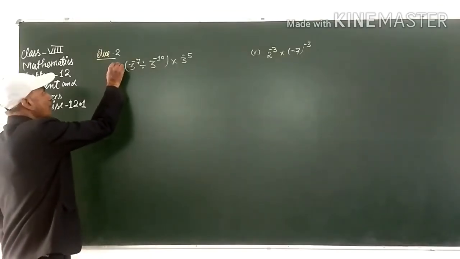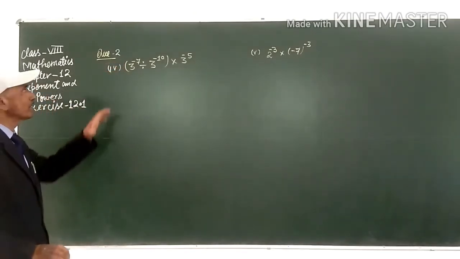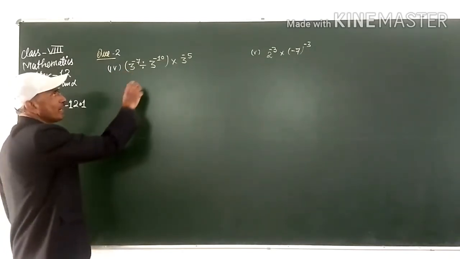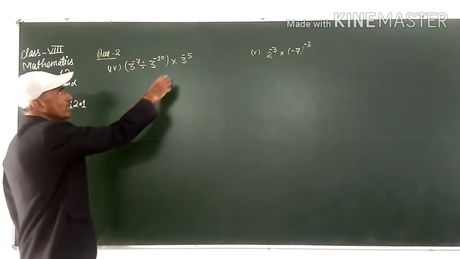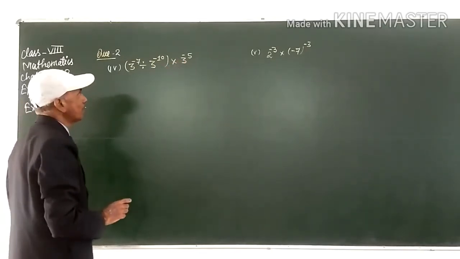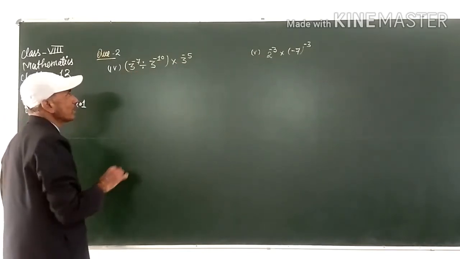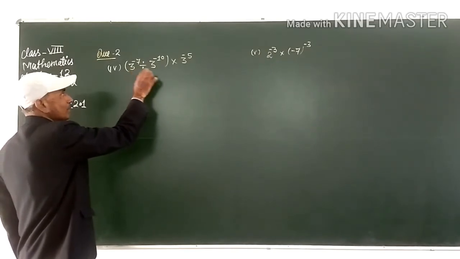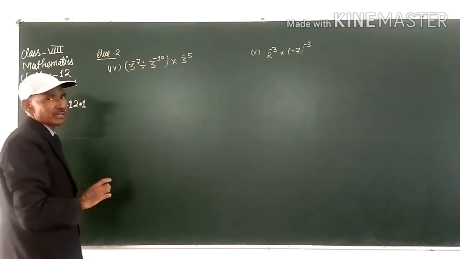This one is part 4, question number 2, and in this question, students, it is 3 raised to the power minus 7 divided by 3 raised to the power minus 10 into 3 raised to the power minus 5. So first of all we have to solve this bracket, students, and in this we find that the base is 3, the base is equal and there is a division sign.